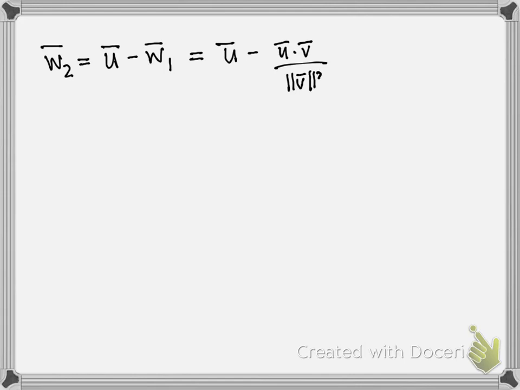I'm going to change colors back to black. W2 is just U minus W1, which is just U minus U dot V over norm V squared times V. Okay, this is W1.